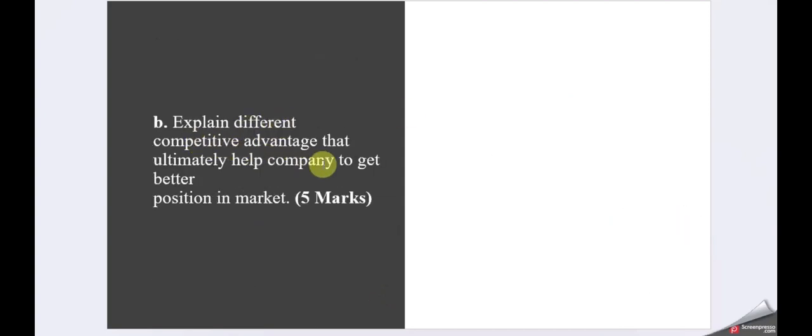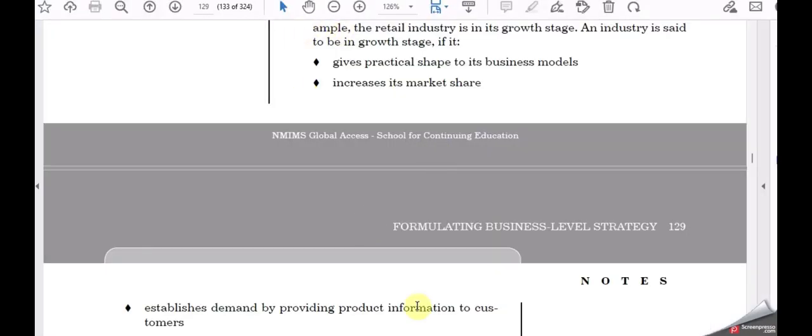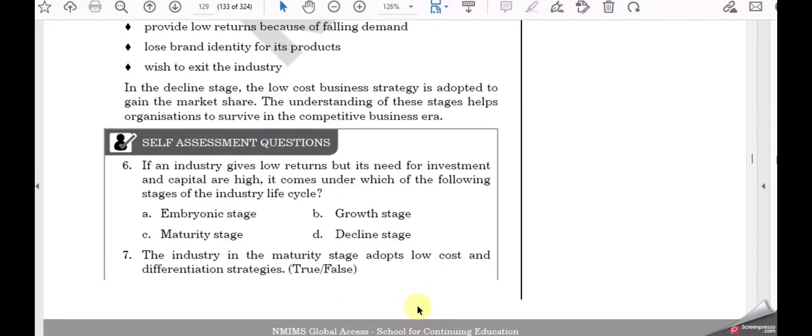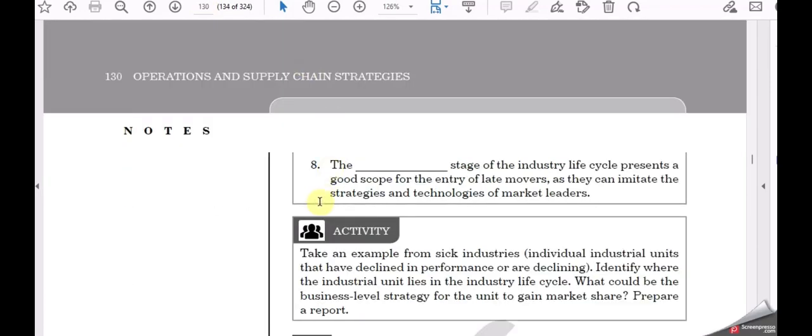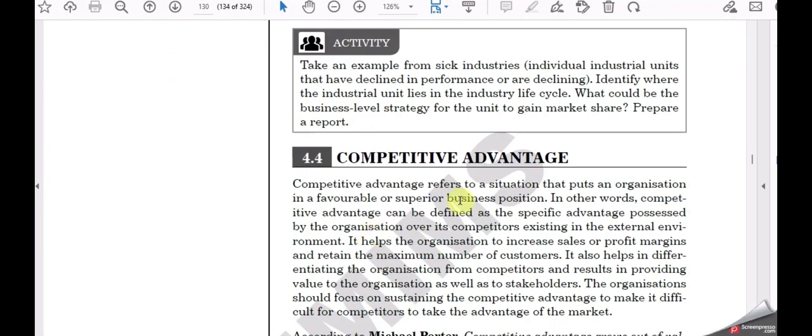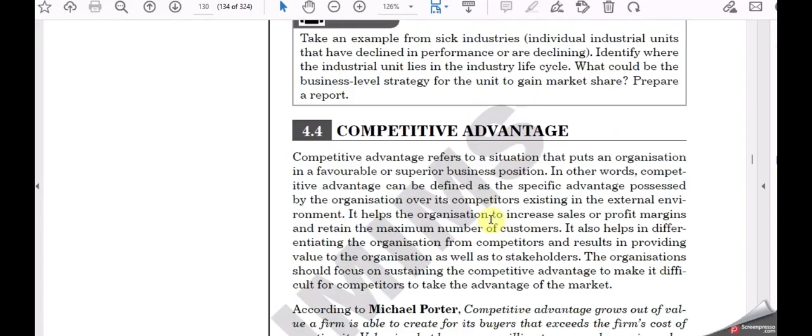Explain different competitive advantages that ultimately help company to get better position in the market. So for this again we have to go with the chapter 4. 4.4 is competitive advantage, page number 130. Yeah, we are with competitive advantage.